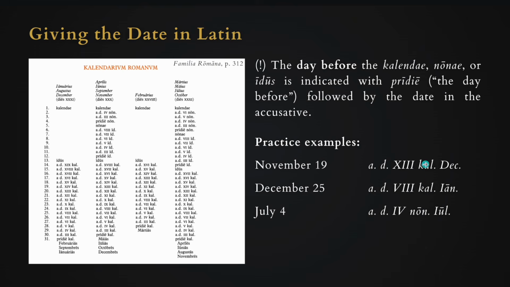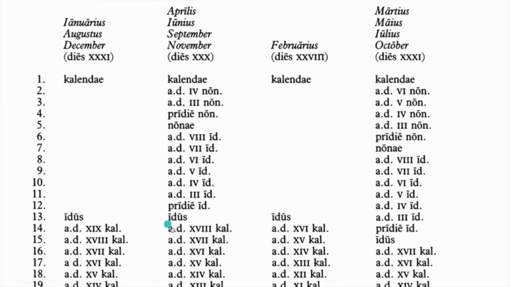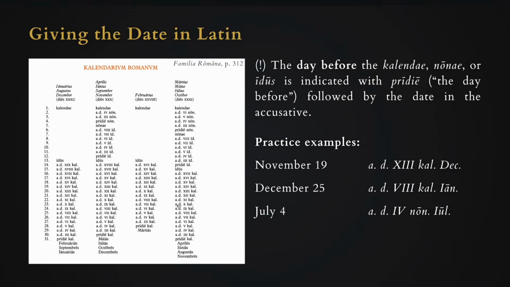When the point of reference is the calendae, then the month name you use is the next one, because you are referencing the calendae, which are already a day in the next month. But when you are indicating a date before the nonae, before the idus, you remain within that nomenclature, let's say. So July, Julias, you see, but December, Januarias. Don't let that confuse you.